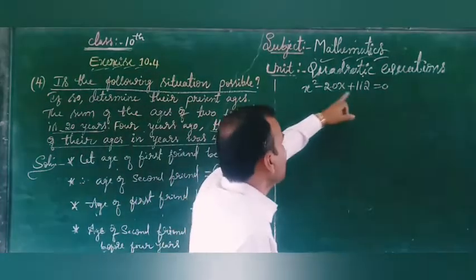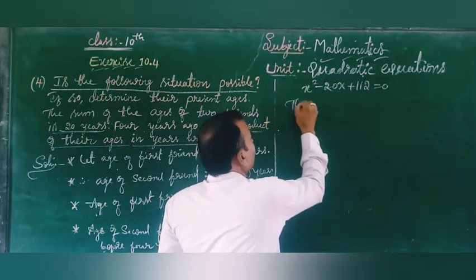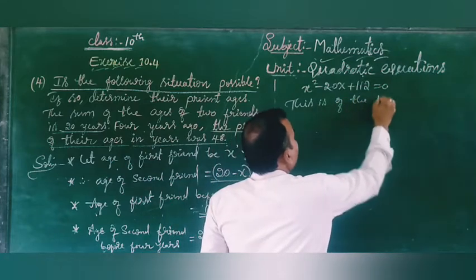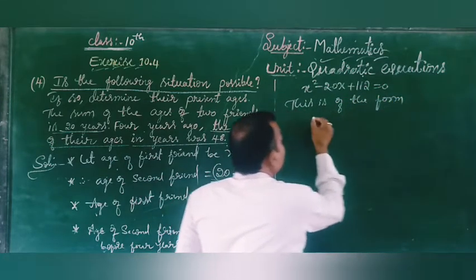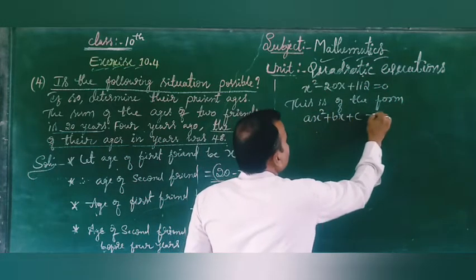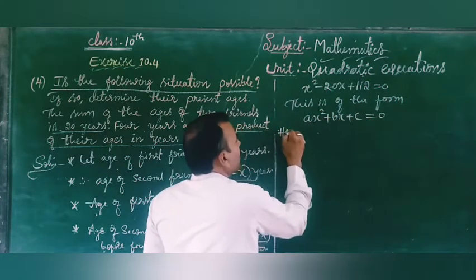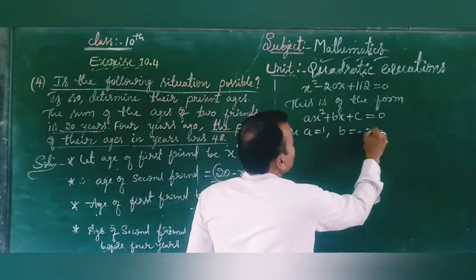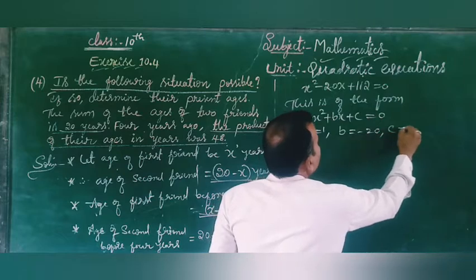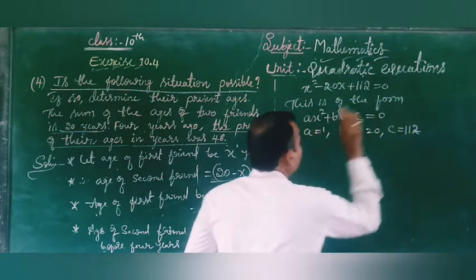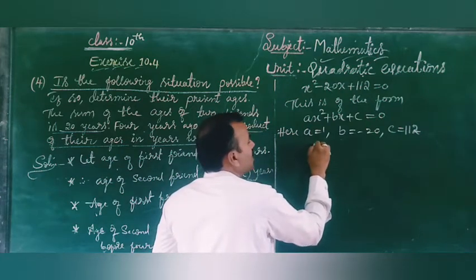Here a equals 1, b equals minus 20 and c equals 112. Now we consider the discriminant.